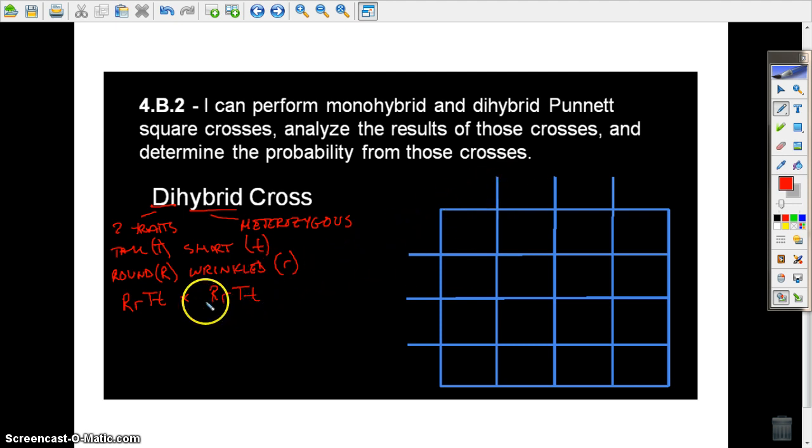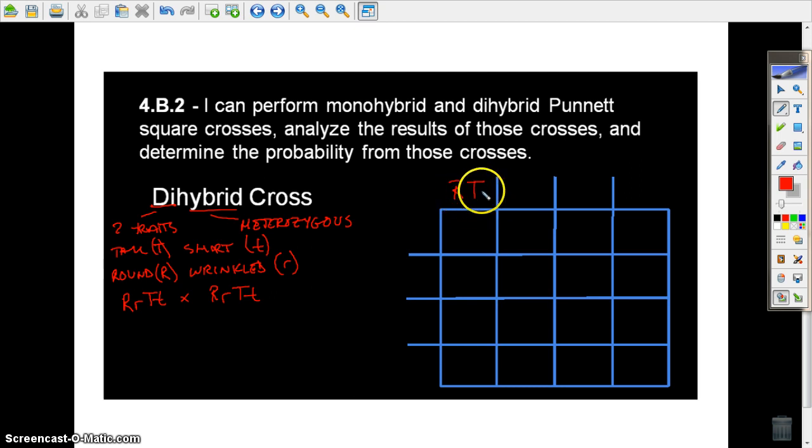And so again, we're going to have the law of segregation happen, but we're also going to have the law of independent assortment, meaning that my round genes and my tall genes are going to sort independently of one another, so I have to have all of the possibilities of these 4 letters. So I'm going to take this individual and I'm going to match them up one at a time.